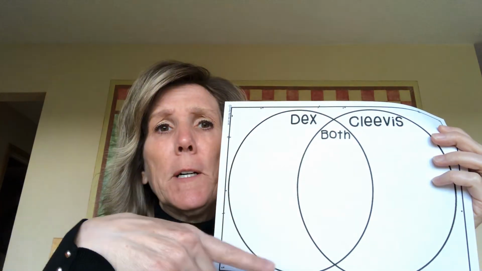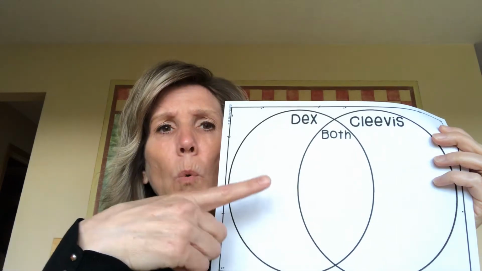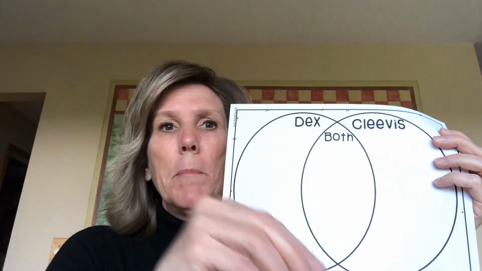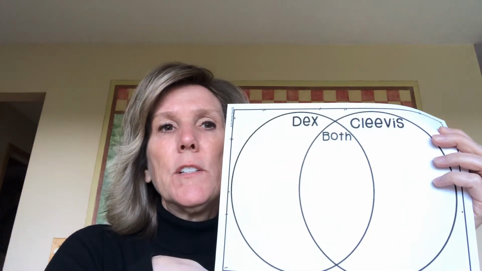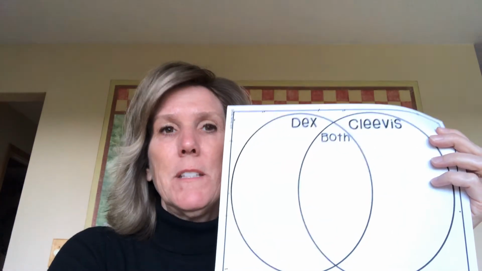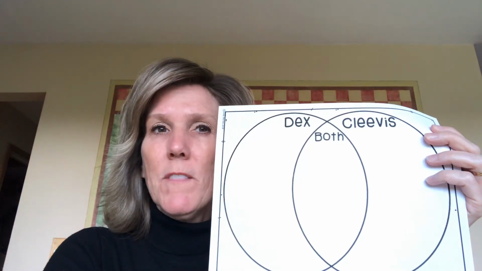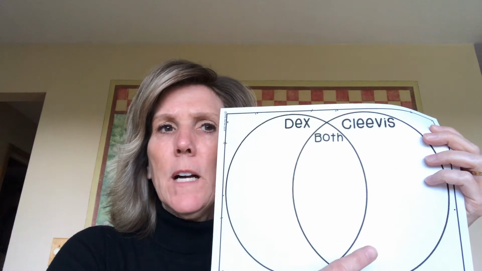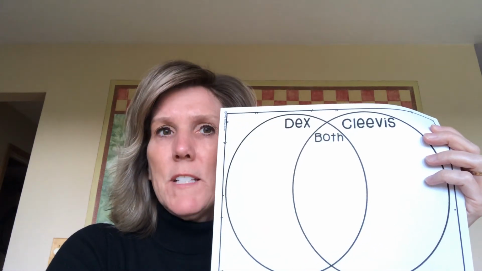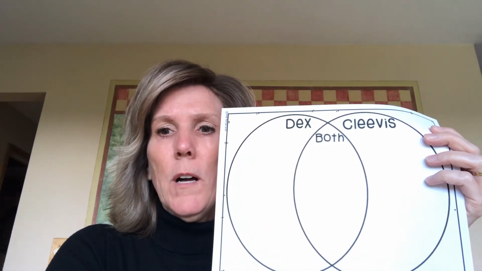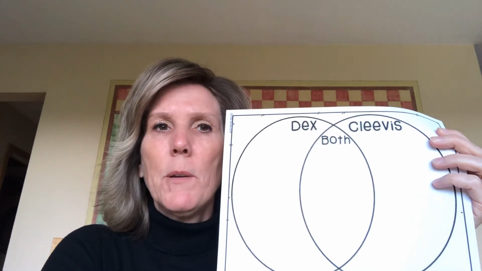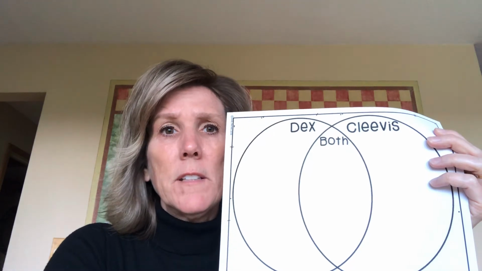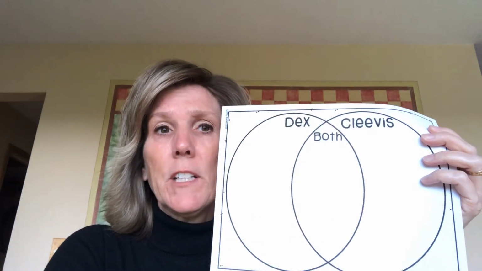Also think about what Dex was doing in the whole middle of the story to make him into that hero. What types of things did he do? That could help with your differences. What was Clevis doing with his friends? Think about how he was acting with his friends, what he was saying to Dex. All those things will help you compare and contrast.